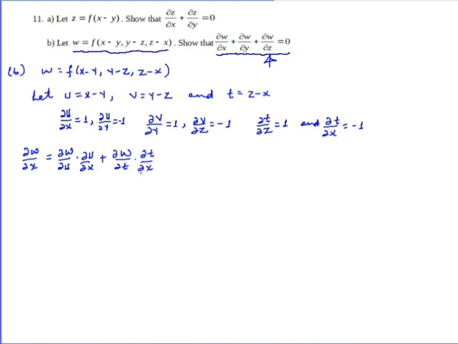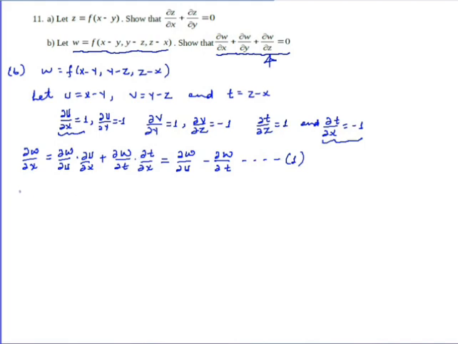Now the partial derivative of u with respect to x is 1 and the partial derivative of t with respect to x is minus 1. Substituting these values, this equation becomes the partial derivative of w with respect to u minus the partial derivative of w with respect to t. Say this is equation 1.